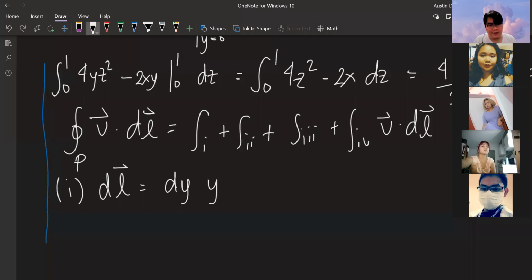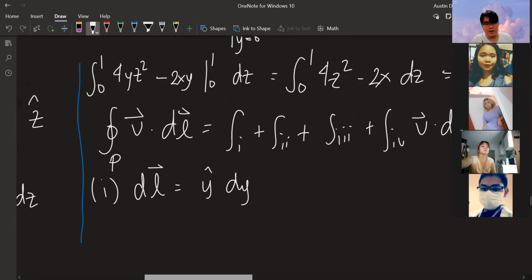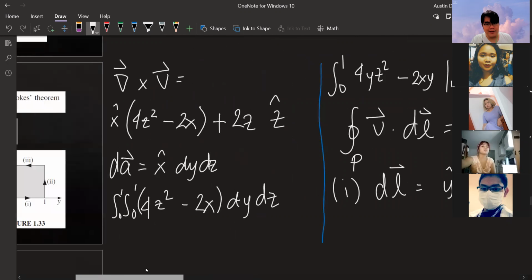That looks ugly, I don't like that. y hat dy. Let me double check, so we evaluate the integral.